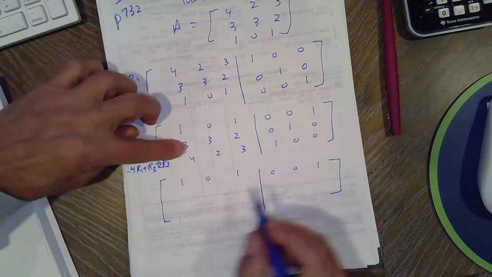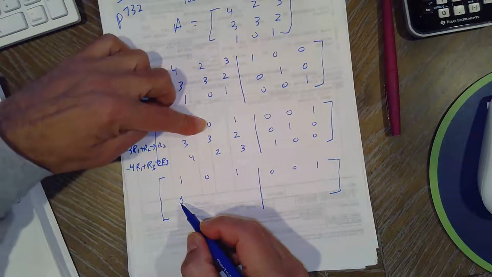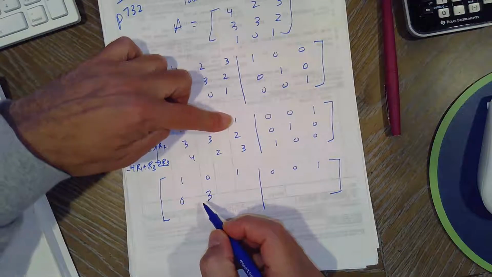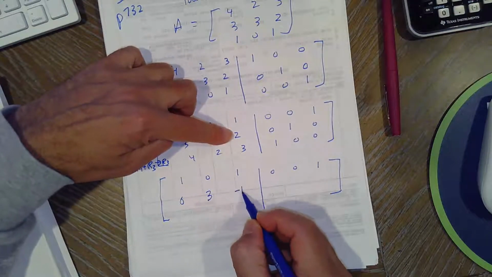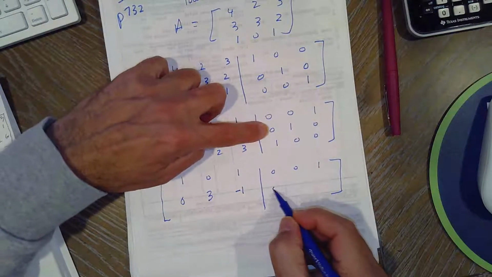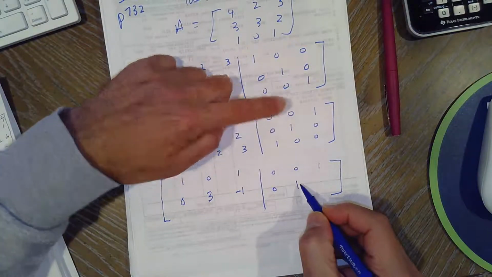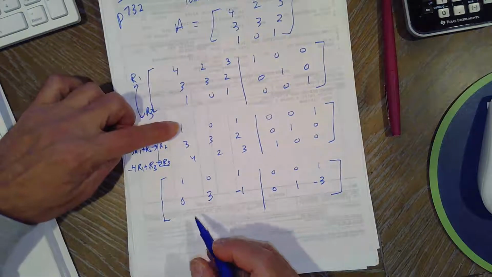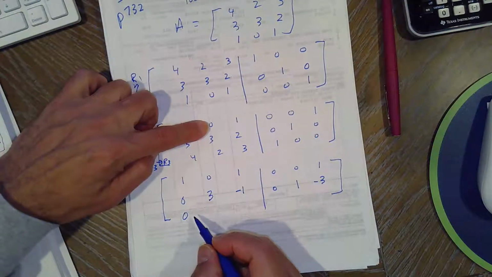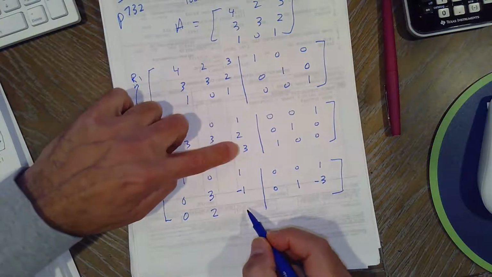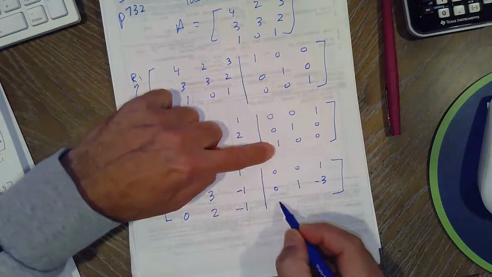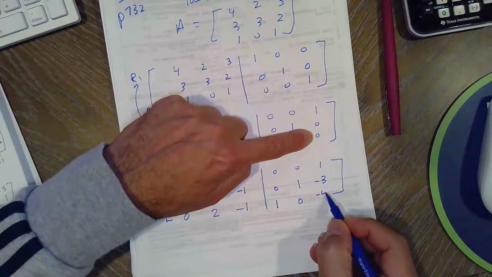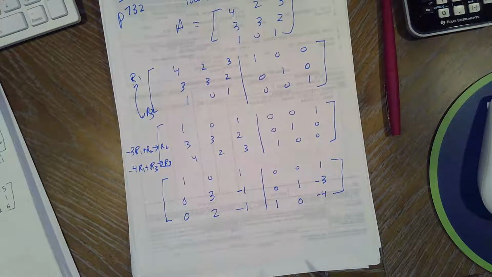So -3 plus 3 is 0, -3 times 0 is 0, plus 3 is 3, -3 times 1 is -3 plus 2 is -1, 0 plus 0 is 0, 0 plus 1 is 1, -3 plus 0 is -3. -4 plus 4 is 0, 0 plus 2 is 2, -4 plus 3 is -1, 0 plus 0, and then -4 plus 0 is -4.